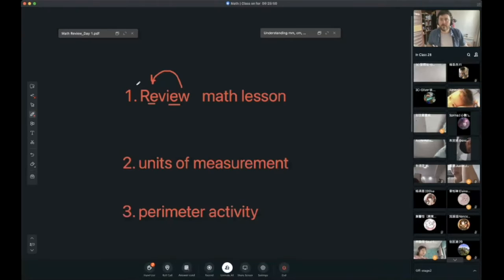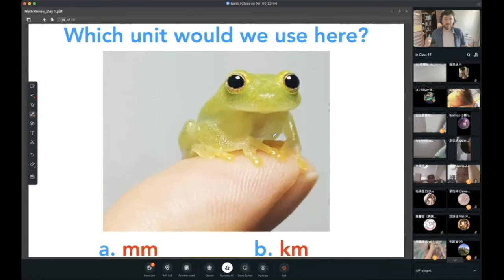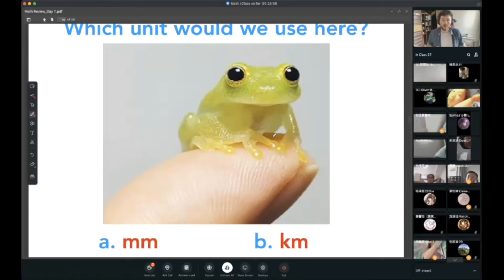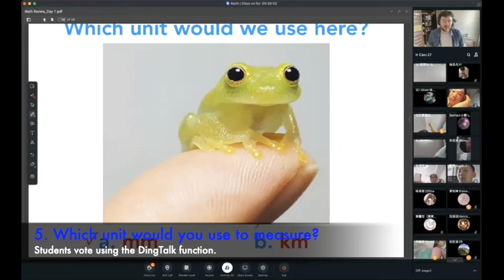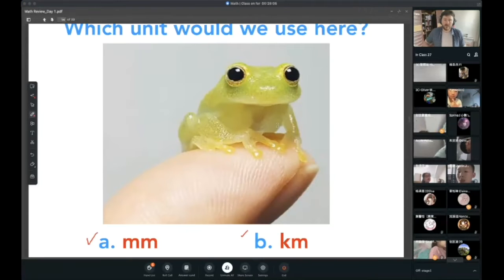Okay. So let's continue. If I was going to measure this frog, which unit would I want to use here? If it's A, you can click A, or if it's B, you can click B. So let me get it ready. Tiny frog, A or B?